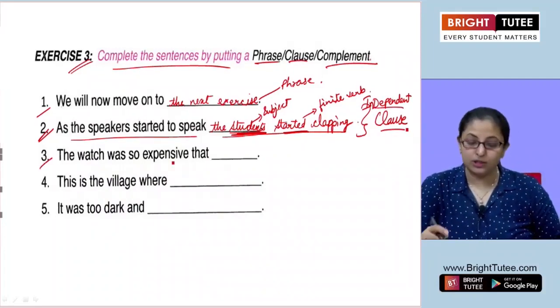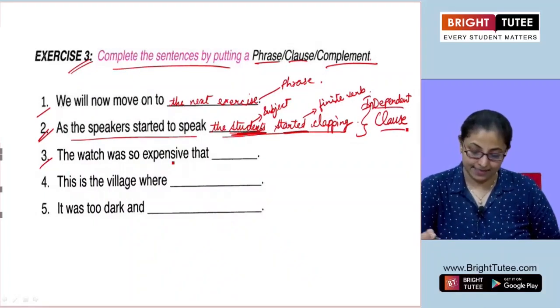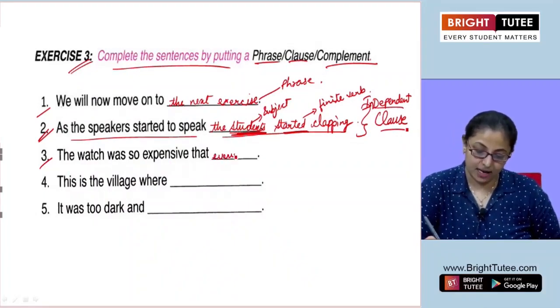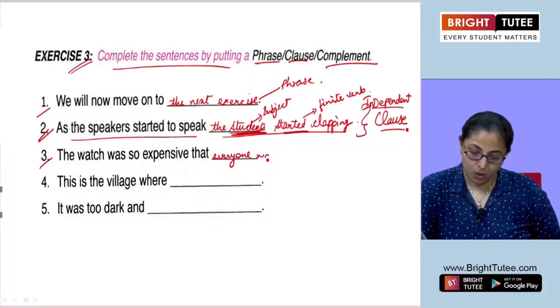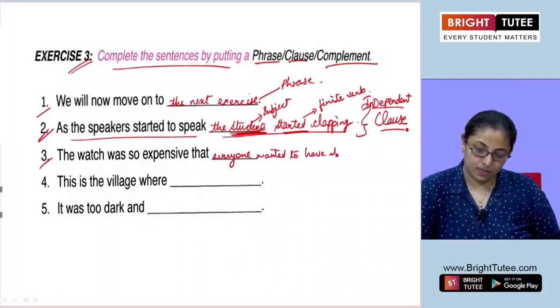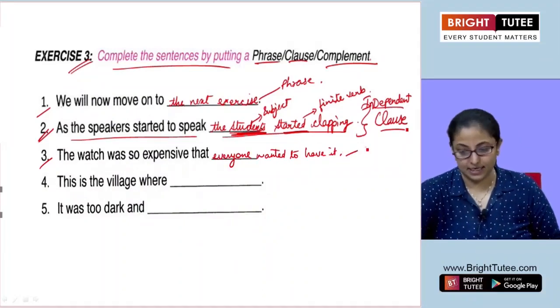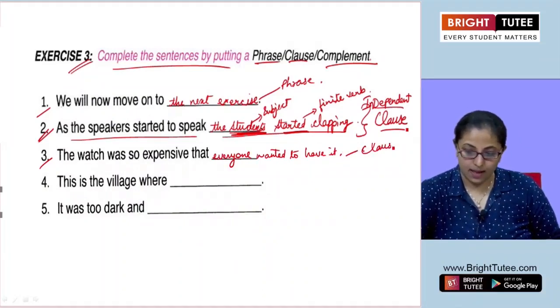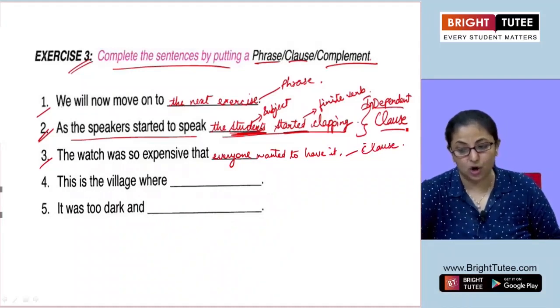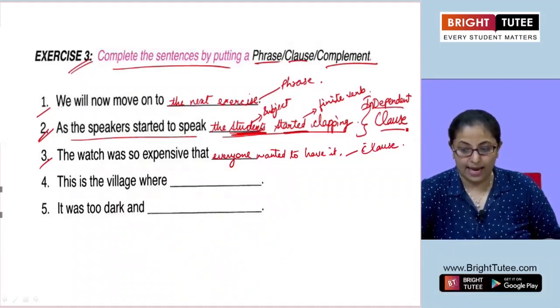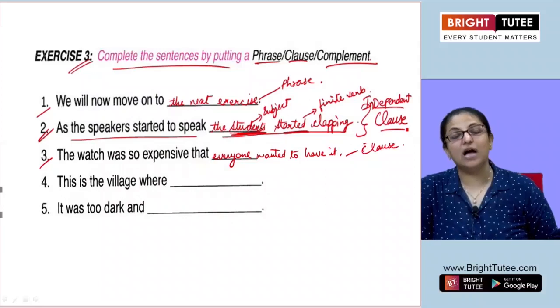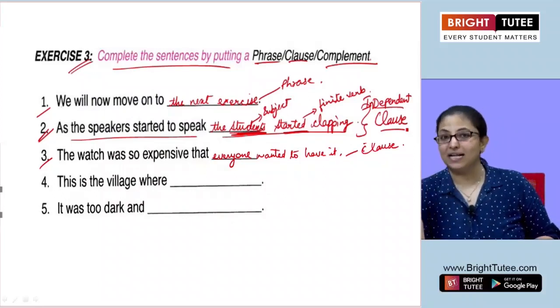The watch was so expensive that everyone wanted to have it. Again, this is a clause and it is a dependent clause. Now I tell you why. Everyone wanted to have it. Does it make complete sense?